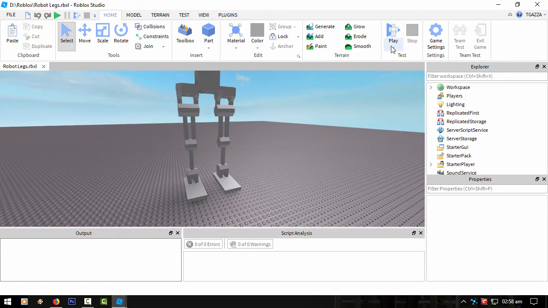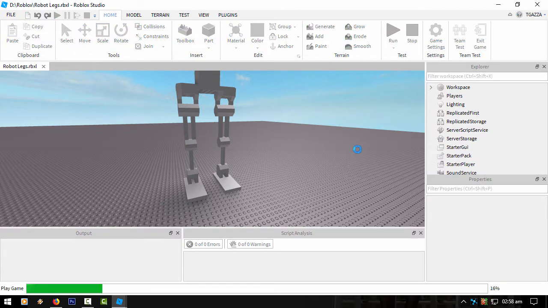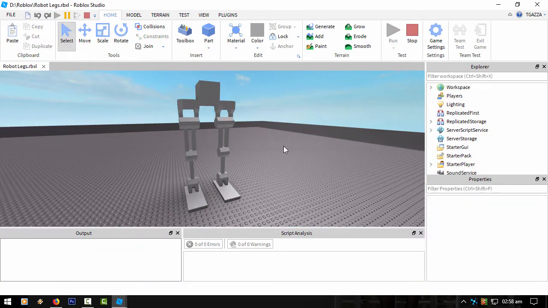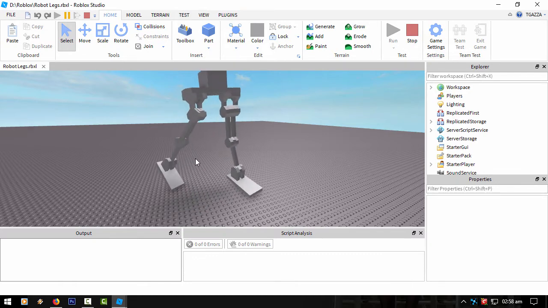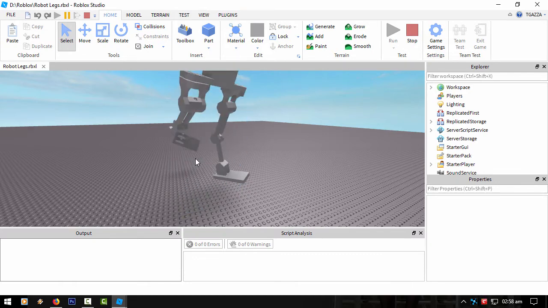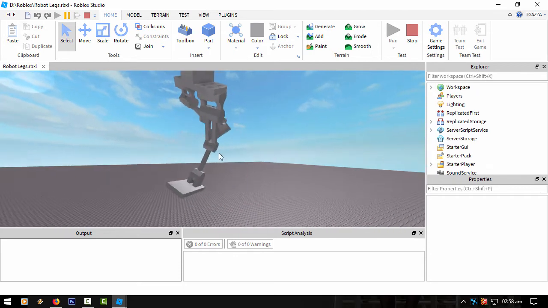I got as far as attaching the points, but when I hit play, I was expecting it just to fall down. Let's have a look at what it does. Yes, there's that bug. I don't know exactly what's going on there. Oh well, it's dancing.